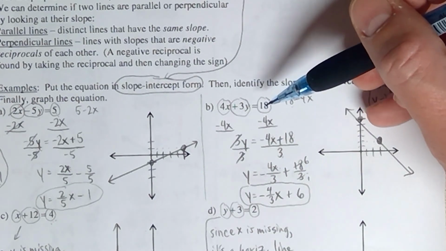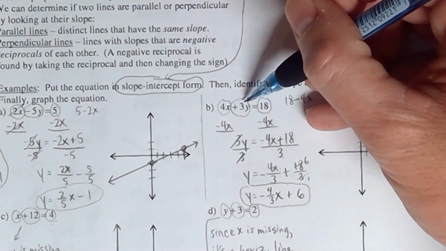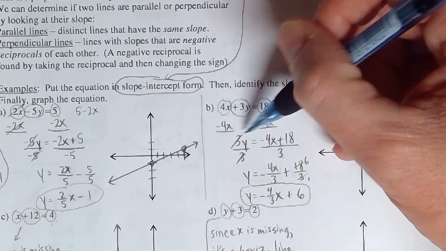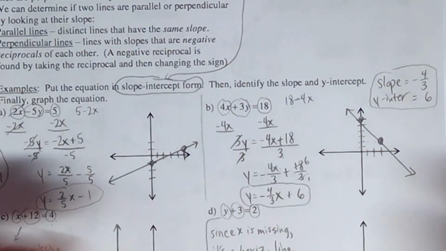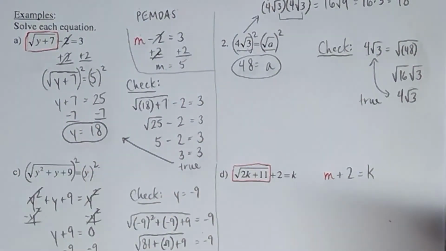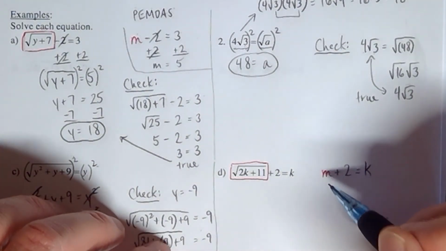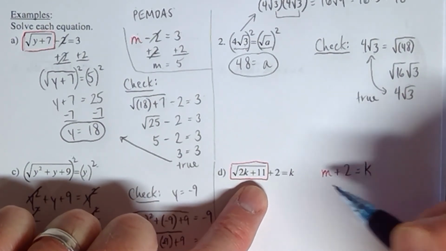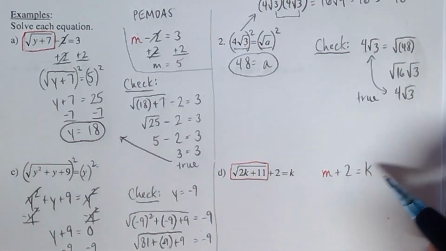So you want to get the term that has the variable that you're trying to solve for on one side of the equal sign and all the other terms on the other side. And it's the same exact thing here in this problem. It's the m that we want to get by itself because that represents this box that we're trying to get by itself. And so the fact that there's a different variable, that doesn't matter.